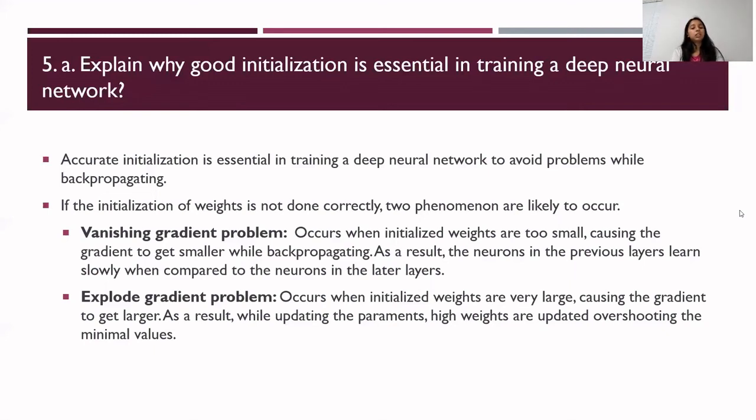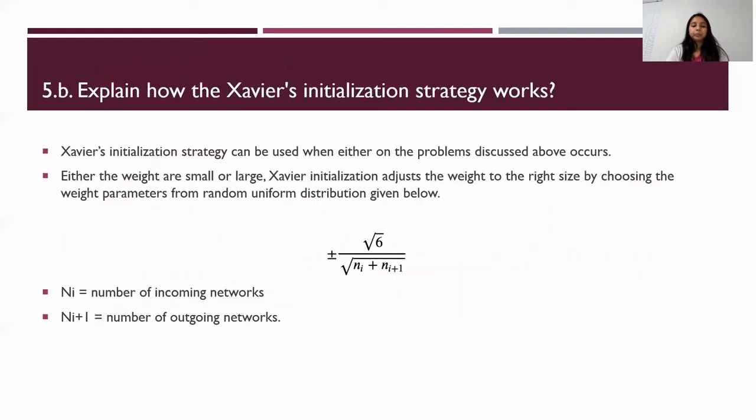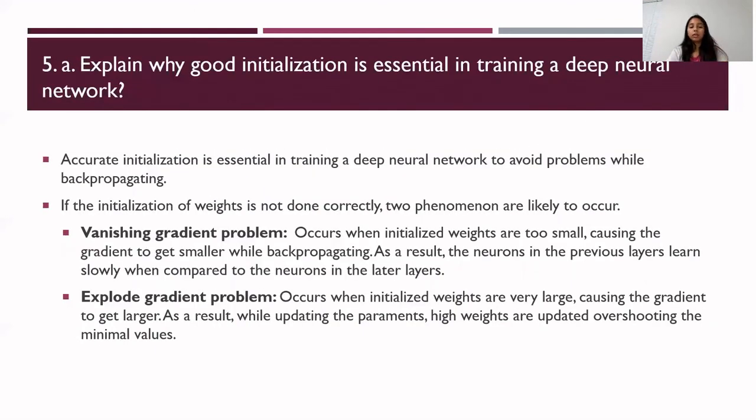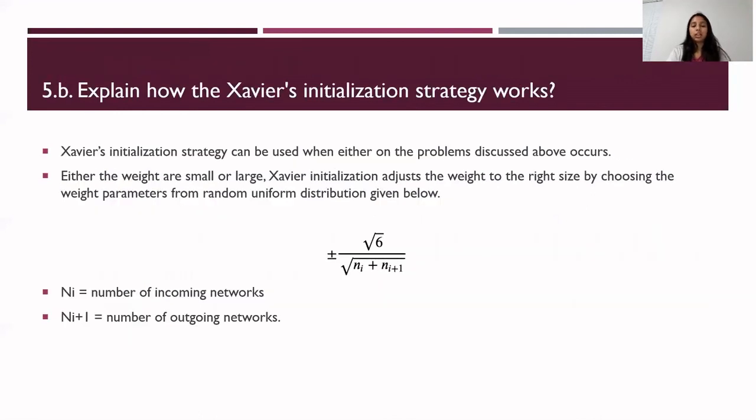But if the weights are initialized very large, it causes the gradient to get larger. As a result, while updating the parameters, large weight updates overshoot the minimum values. To overcome these two problems, we use the Xavier initialization.